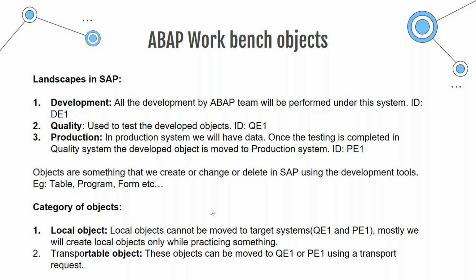You should not run any reports unless it is advised by some senior person. You should not run any transaction, you should not make any code change, you should not directly change any data in any database table in production system. Always remember, thumb rule: you have to be very, very careful when you log in to the SAP production system.